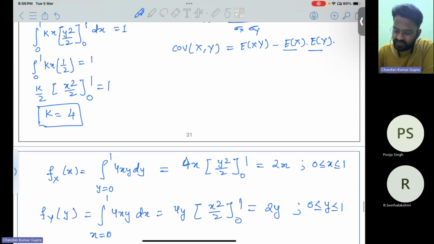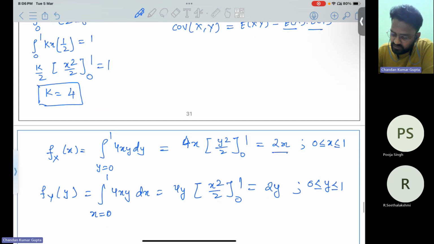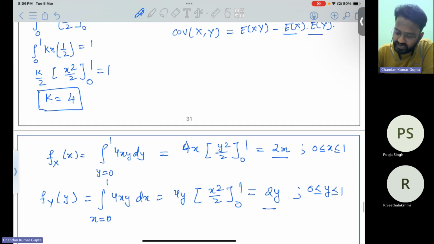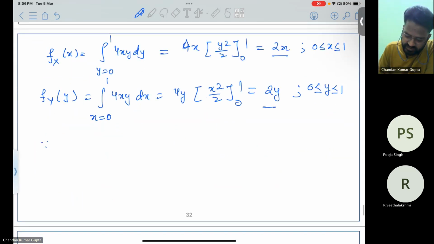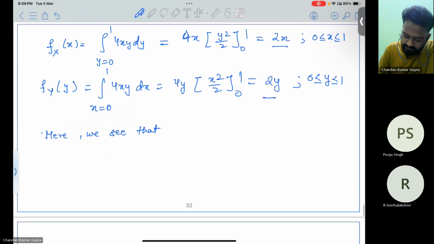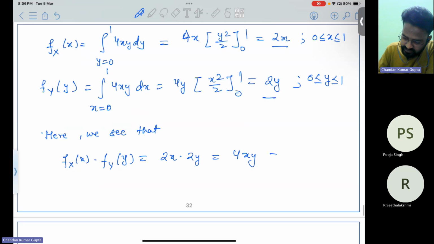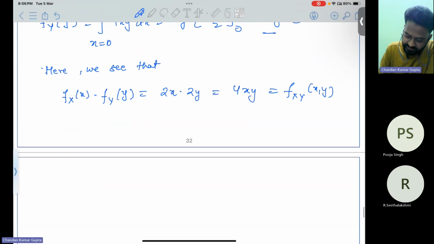Here, if you see, the marginal of x is 2x, the marginal of y is 2y, and the joint is 4xy. So fx into fy is equal to 2x into 2y, which is equal to 4xy, which is equal to f of xy.